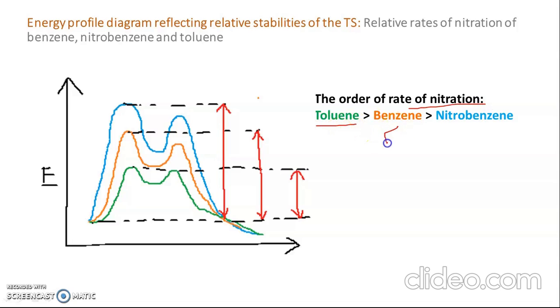In benzene it is simple, there is no substituent. But if it is toluene, there is an electron donating group which is methyl. And if your starting material is nitrobenzene, then there is a deactivating group present. So you can consider this the neutral condition.